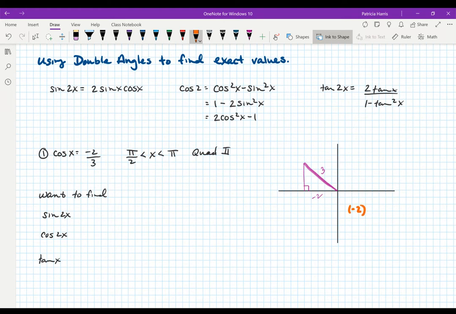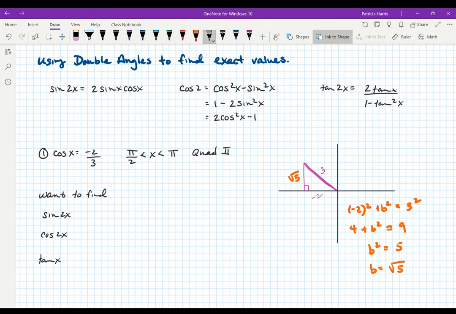So negative 2 squared plus b squared is equal to the hypotenuse squared. So that's 4 plus b squared equals 9, b squared is 5. So b is the square root of 5. Now I know that it's going to be a positive square root because it's going up on the y.